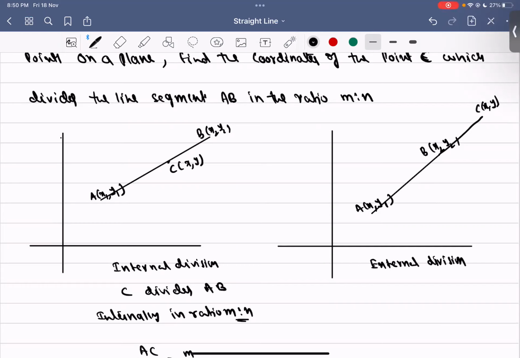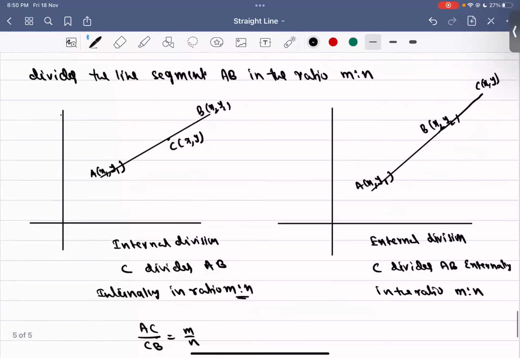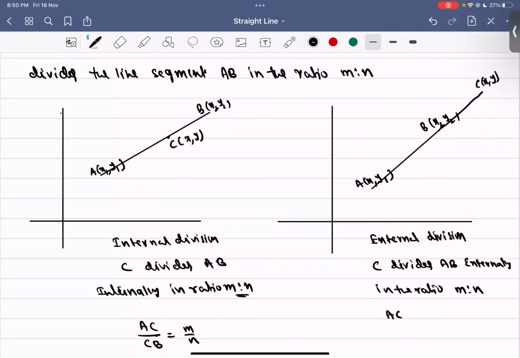Here C divides AB externally in the ratio m is to n. Two cases here. So here AC by CB is equal to m by n.